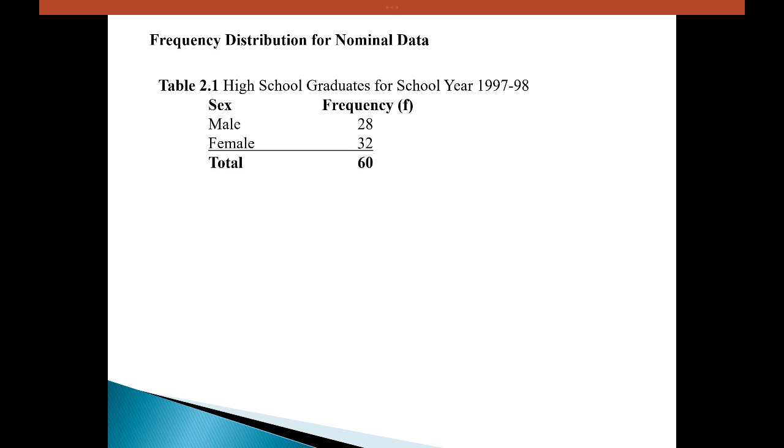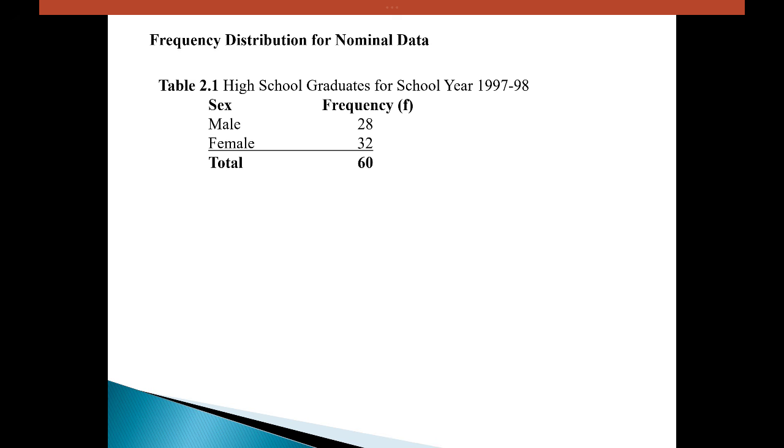How many female high school graduates? It is 32, so you put the 32 in the frequency column. Male 28, female 32, so your total frequency is 60. So this is a frequency distribution table for nominal data. It is very easy.